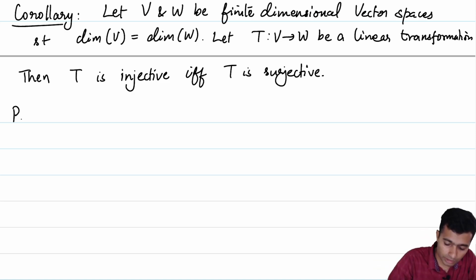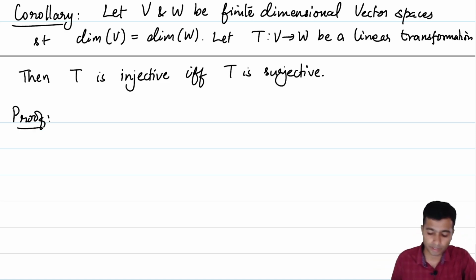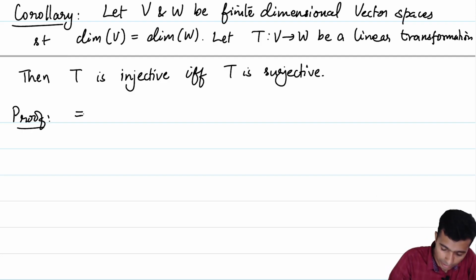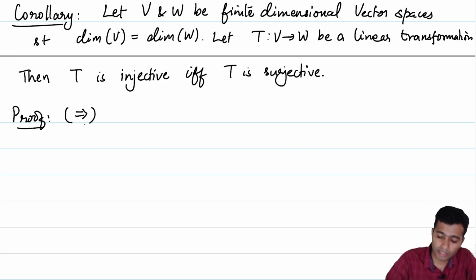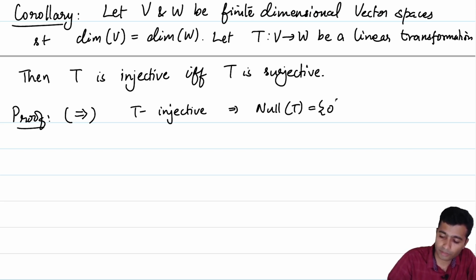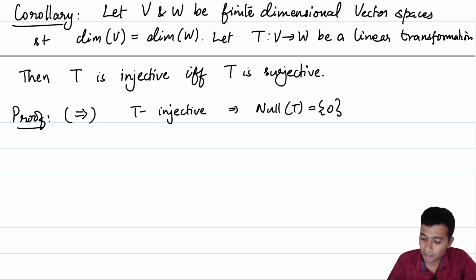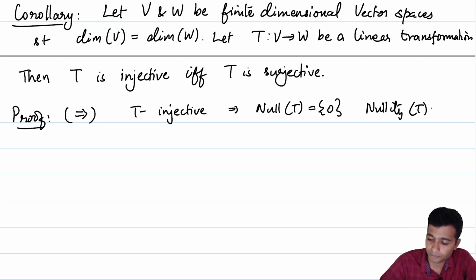So let us look at a proof. This actually is a direct consequence of our dimension theorem. Let us look at the direction: let us assume that T is injective, let us prove that T is surjective. T is injective implies that the null space of T is the zero space. That was a theorem which we proved some time back, and therefore the nullity of T is equal to 0.